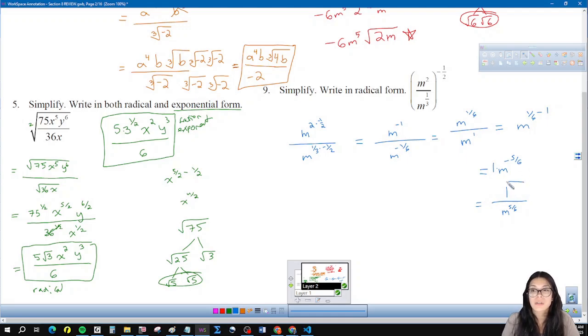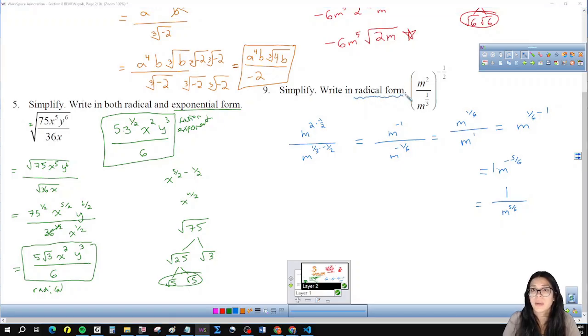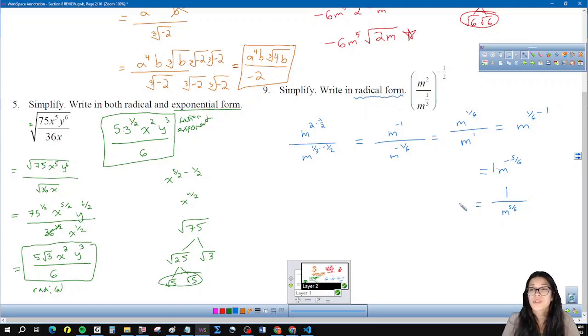So this would be the answer if the question was asking for a fraction exponent or an exponential form, the rational exponent. However, if we actually look at the question, it did ask us to write it in radical form. So this means that we can't have a radical in the denominator at all.